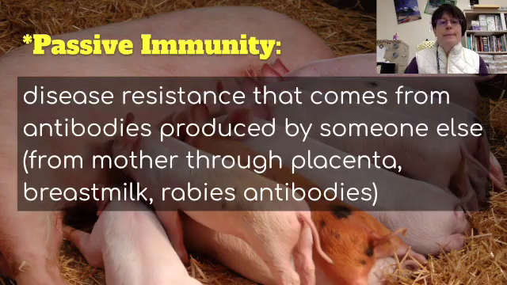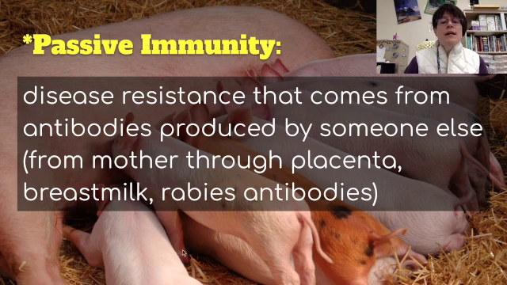There's also passive immunity, and this is disease resistance that comes from antibodies produced by someone else. People receive these from their mother through the placenta after or just before they're born, through breast milk, as these piglets are getting from their mother, and also we can receive things like rabies antibodies.